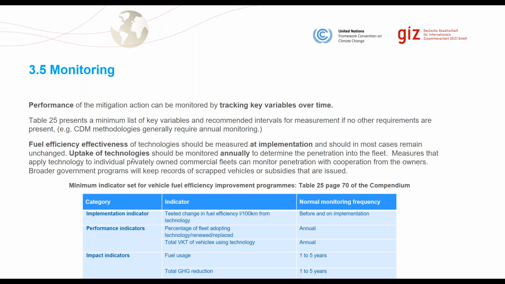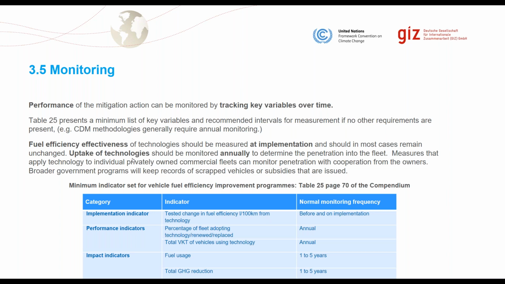What is important is that it tries to give you the category that the indicator fits. If it's linked with implementation, then you will need to track these key indicators as the project is being implemented.